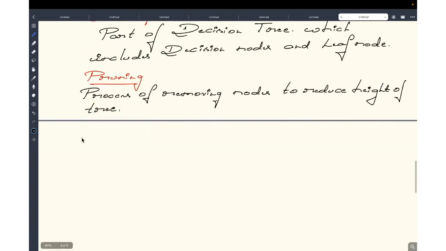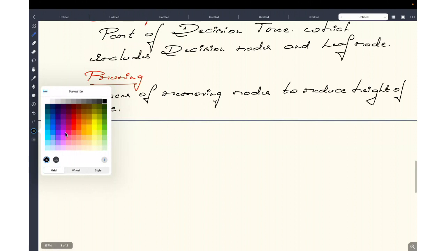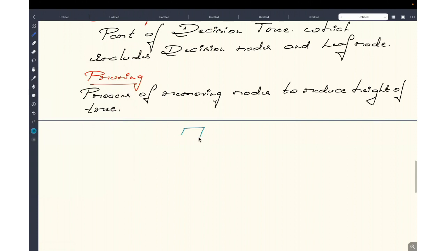So simple. Let's say, for example, you have a decision tree like this. This is a root node. Let's say this is our decision node. You have terminal nodes. There can be multiple decision nodes as well. So what is the depth or height of a tree in this case?